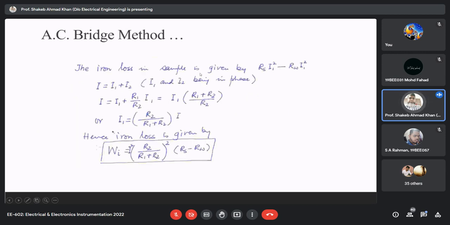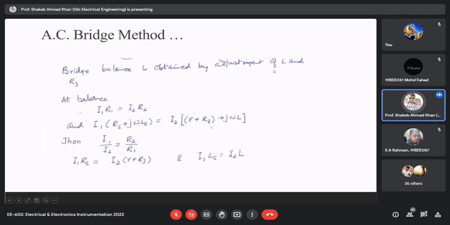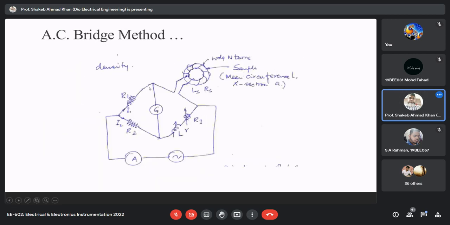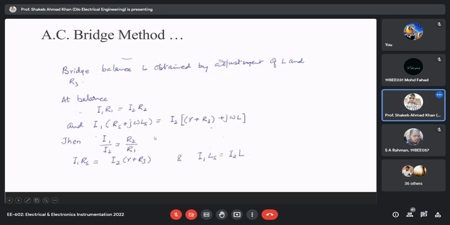Beyond that, the iron loss in the sample is given by the loss taking place in the sample resistance, RS into I1 square, because current I1 is flowing through it when the bridge is balanced, and I2 is flowing here.